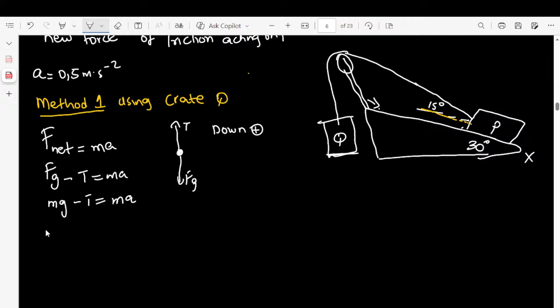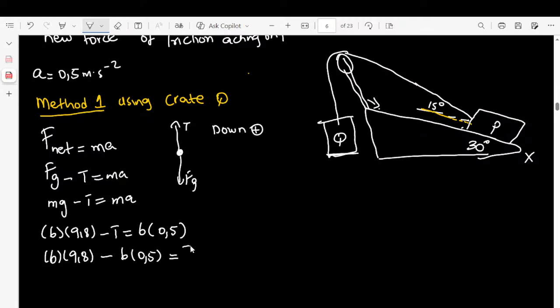Then what is my mass? The mass of Q was 6, and g is 9.8, minus the tension, equals 6 times the acceleration, which was given as 0.5, the new acceleration. So what is tension equal to? 6 into 9.8 minus 6 into 0.5.